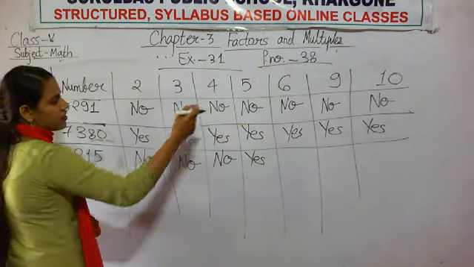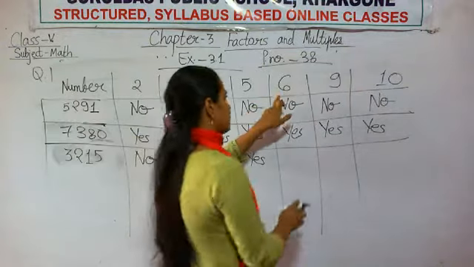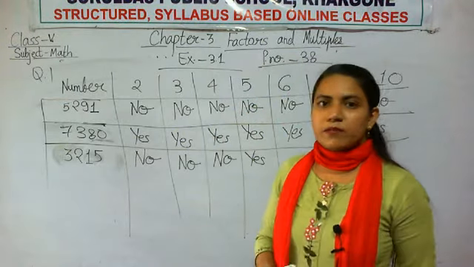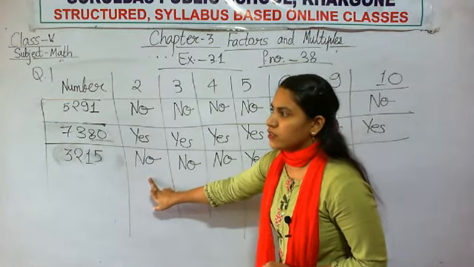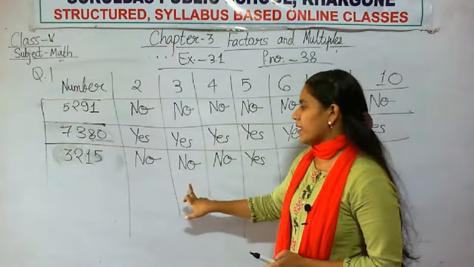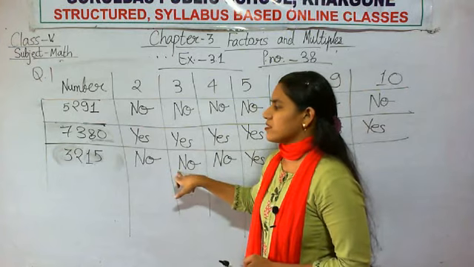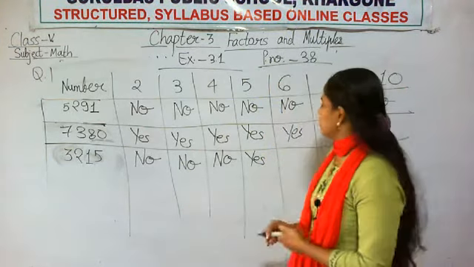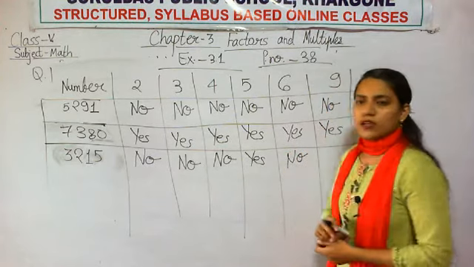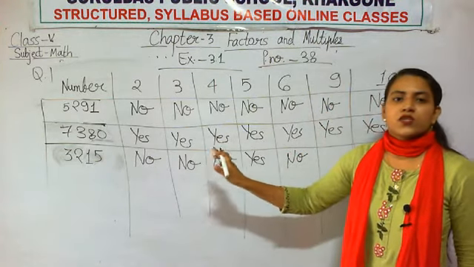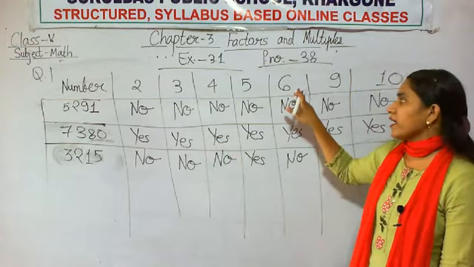Okay, now check the next divisibility, divisibility by 6. For finding the divisibility of the number by 6, you have to check for both divisible by 2 and divisible by 3. So here in both cases, the answer is no. So here also we will write no. This number 3215 is not divisible by 6.